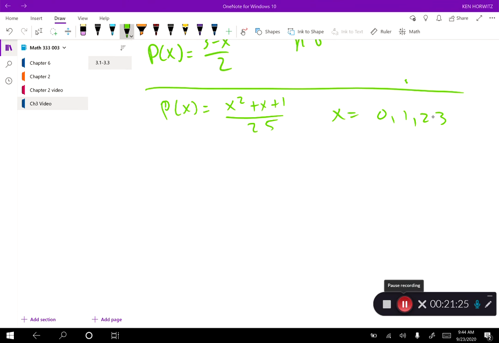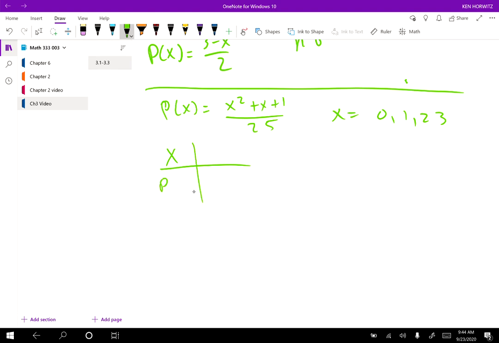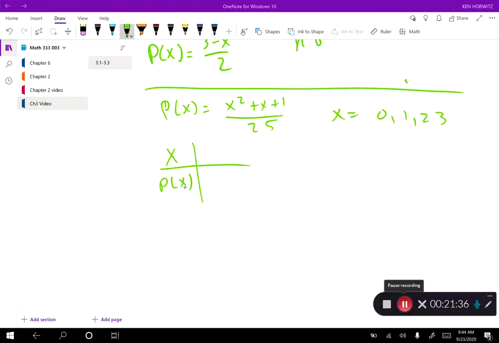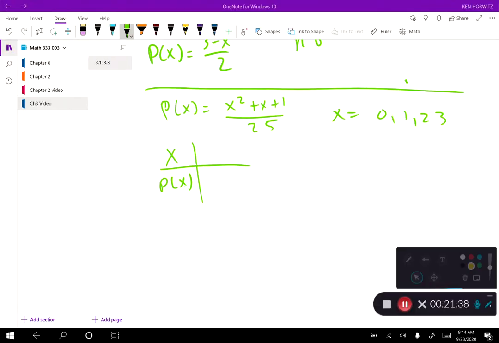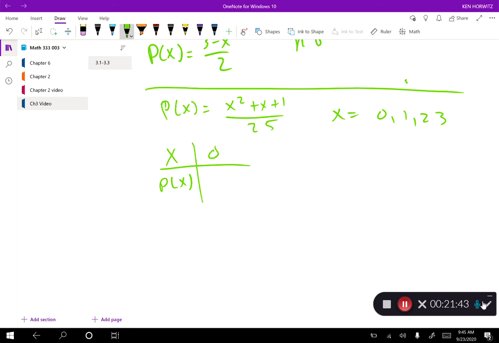All right, so I'm going to make my probability function. So I got 0, 1, 2, and 3. And I'm going to take each one of those numbers, plug them in. So why don't you pause the video now, take each one of these numbers, plug them into your function, and get me a probability.